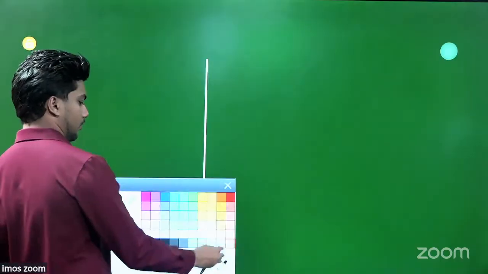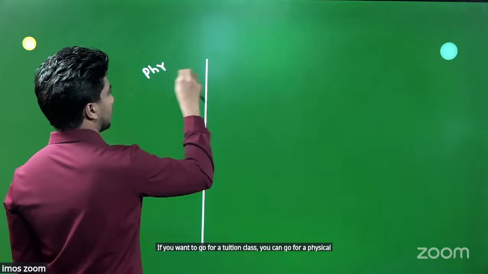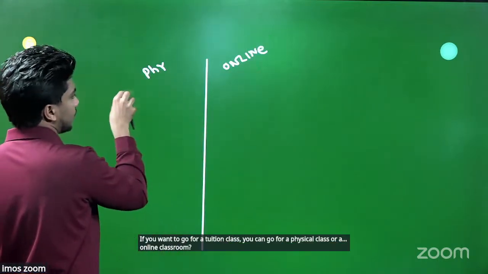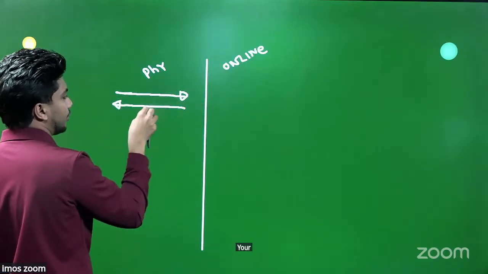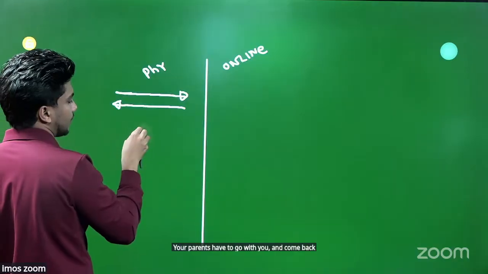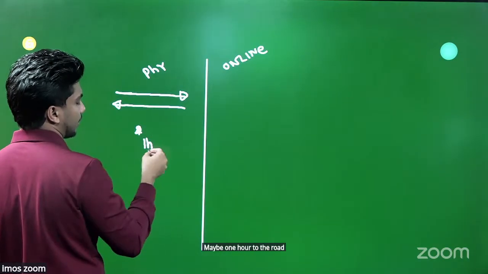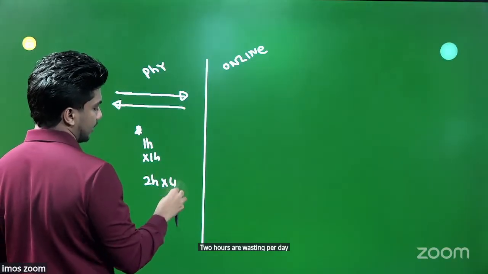If you want to go for a tuition class, you can go for a physical class or an online class. For the physical class you have to go to the class and come back home. Your parents have to go with you and come back with you. You are wasting maybe 1 hour on the road to go and another 1 hour to come back. 2 hours are wasted per day. For 4 days, 8 hours you are wasting.